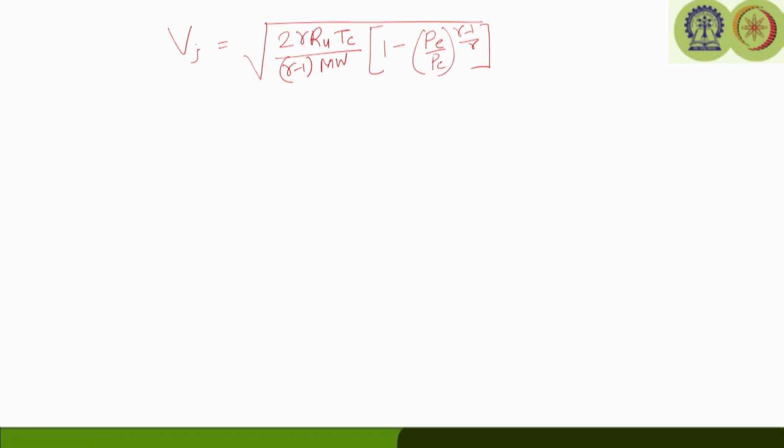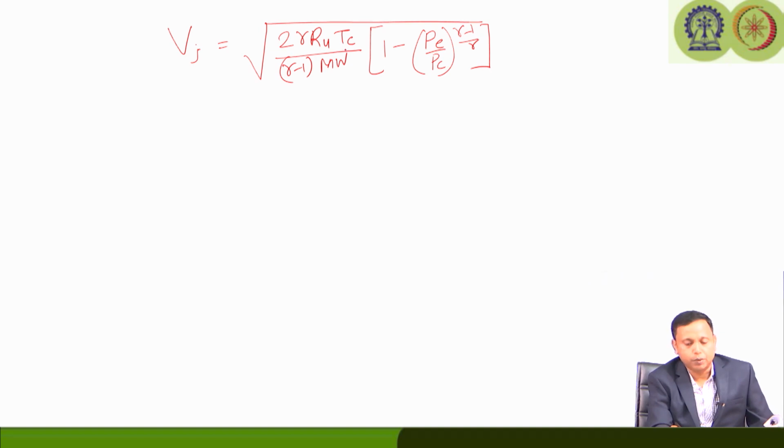What about Pc? Pc must be high, because you see it is Pe by Pc to the power gamma minus 1. So in a sense, in order to get high Vj, we need high Tc and high Pc, or high chamber temperature and high chamber pressure.